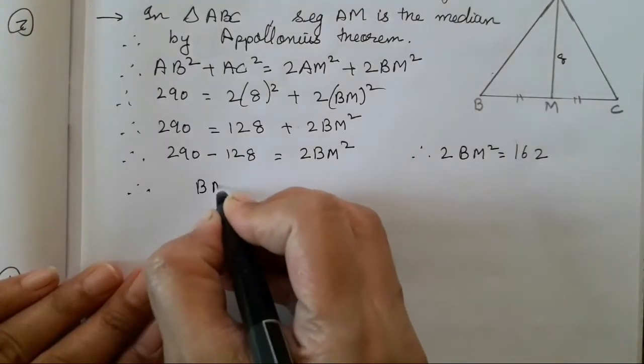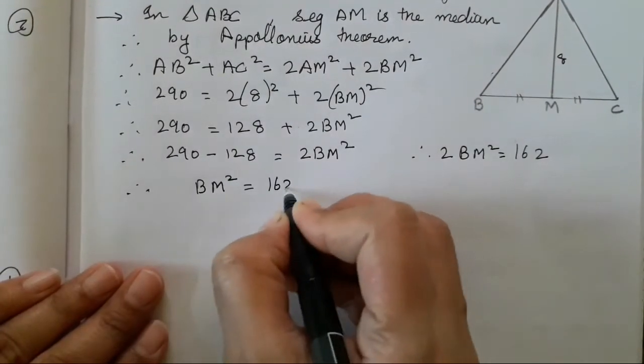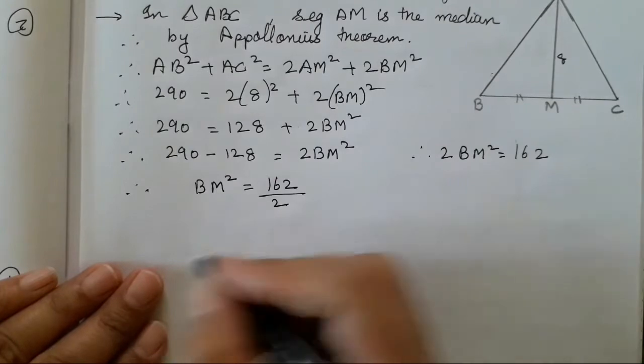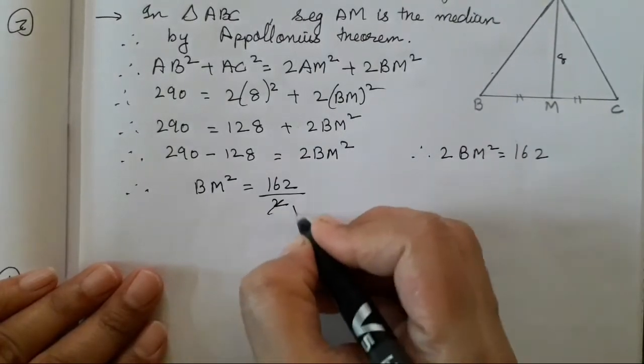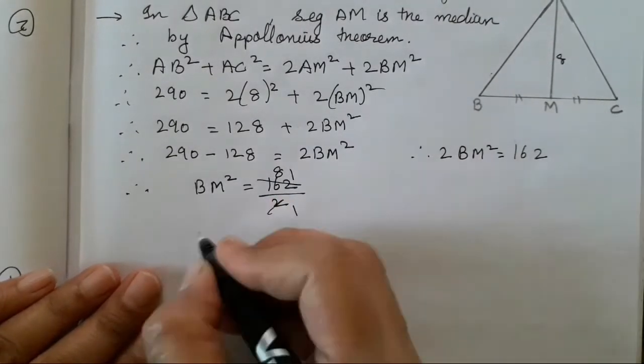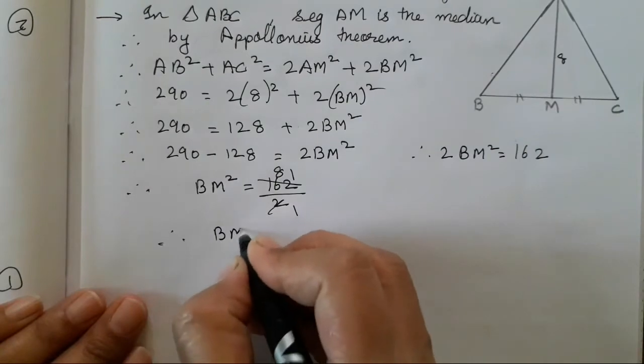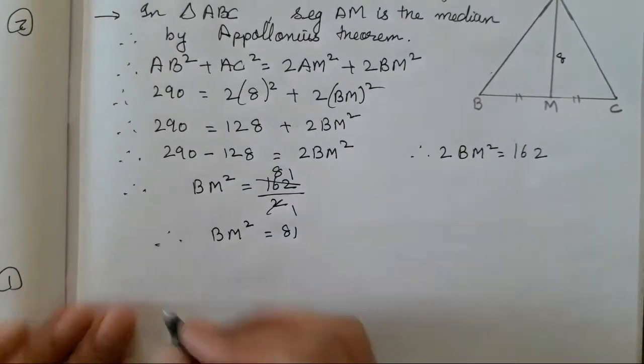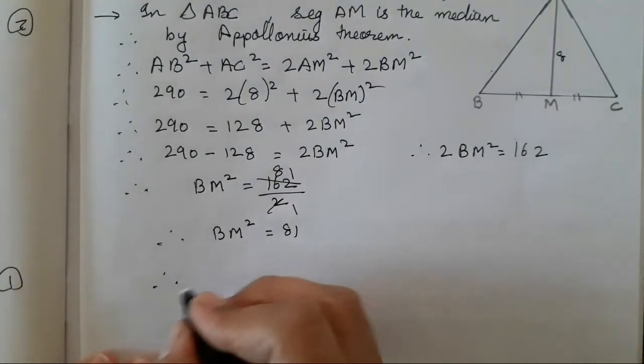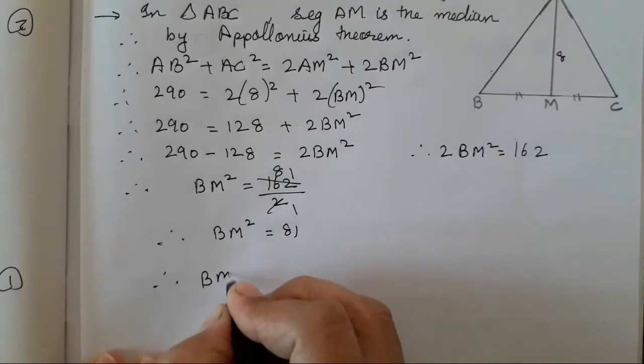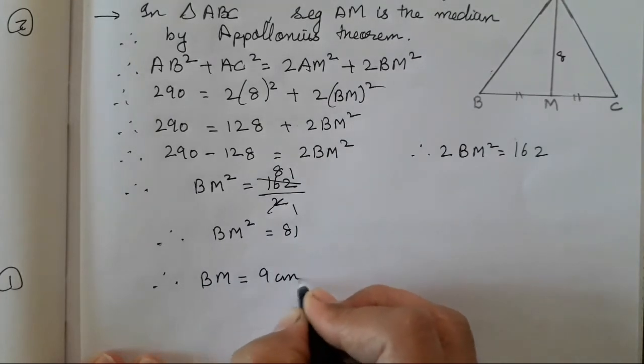So BM square is 162 upon 2, which reduces to 81. Taking square root from both the sides, BM is going to be 9 centimeter.